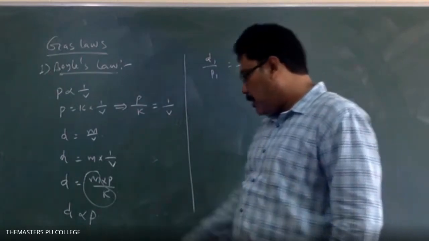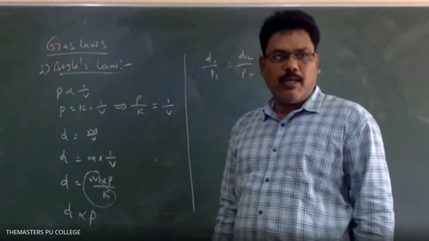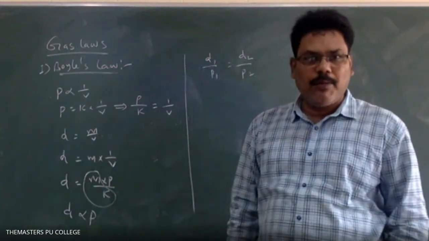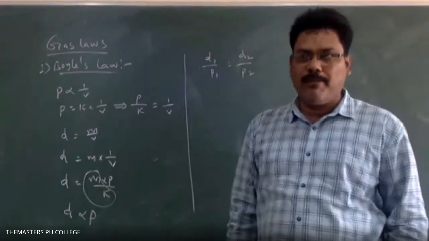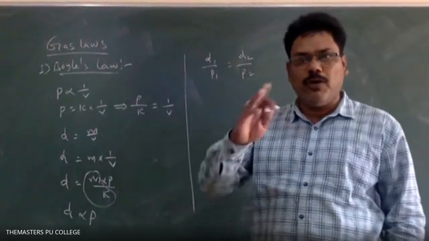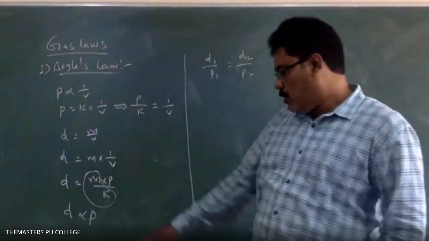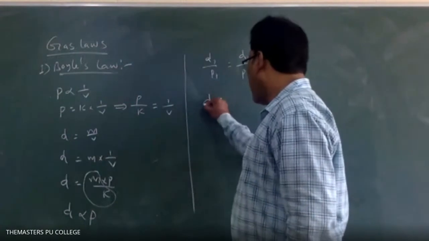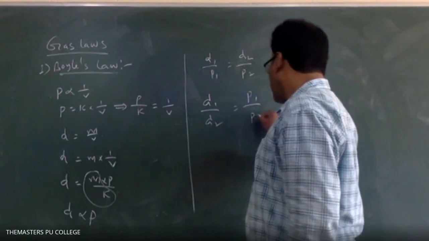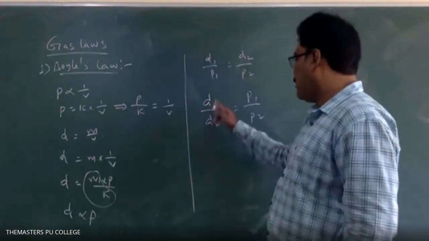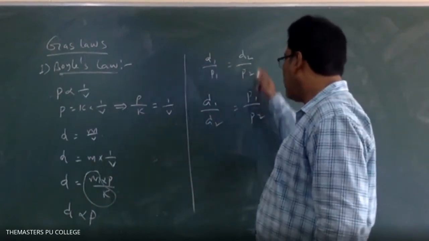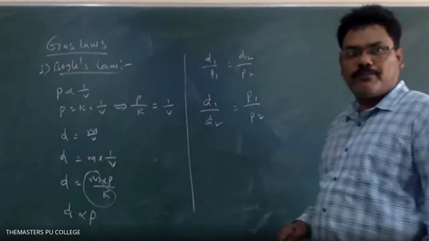For example, D is proportional to P. Initially, for a fixed amount of gas, the density is D1, pressure is P1. If you change the conditions, the density will change and become D2 and pressure will become P2. So from this formula, you can write D1 by D2 is equal to P1 by P2. So D1 by P1 is equal to D2 by P2.